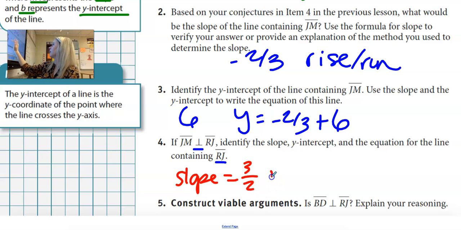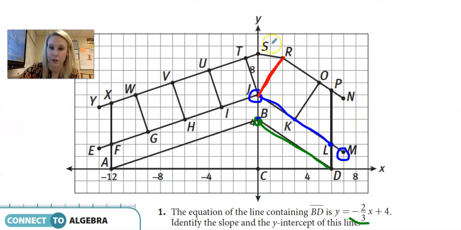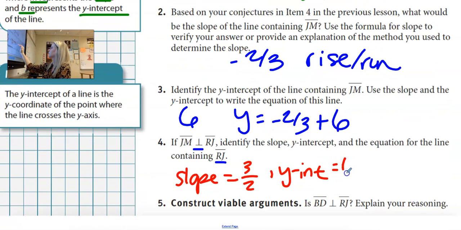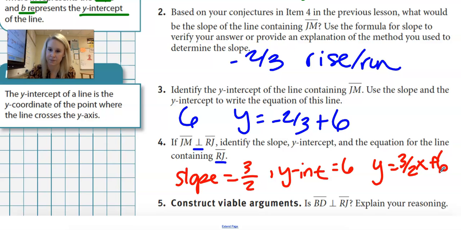My y-intercept, I'm going to look on my graph. Thankfully, they both actually meet at the y-intercept, so the y-intercept is the same, which is a 6. So the equation of RJ would be y equals 3/2 x plus 6. Okay?